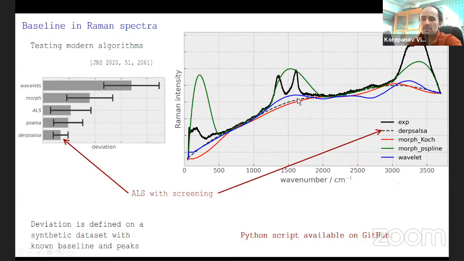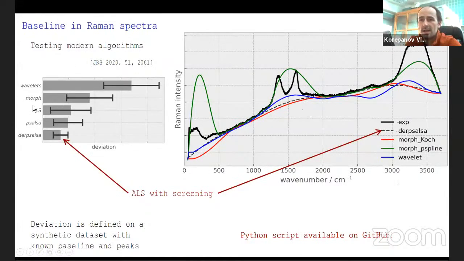So we use asymmetric least squares and penalize the second derivatives, and we screen the second derivatives of the peaks. If we compare how it performs to other modern algorithms, we can see that it gives a very good and very consistent description of the baseline.